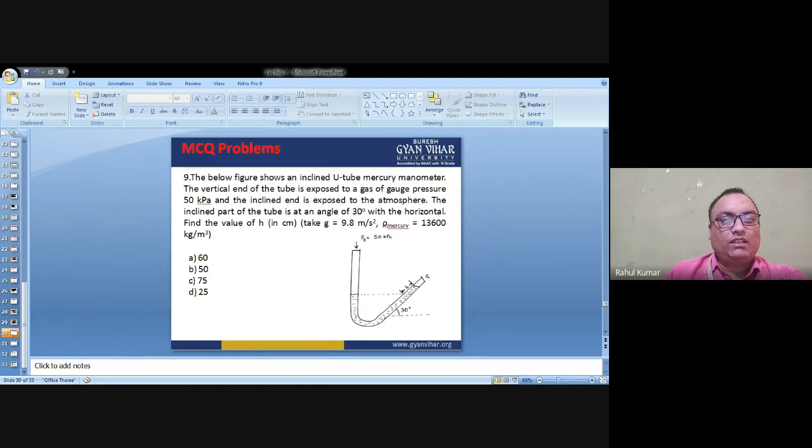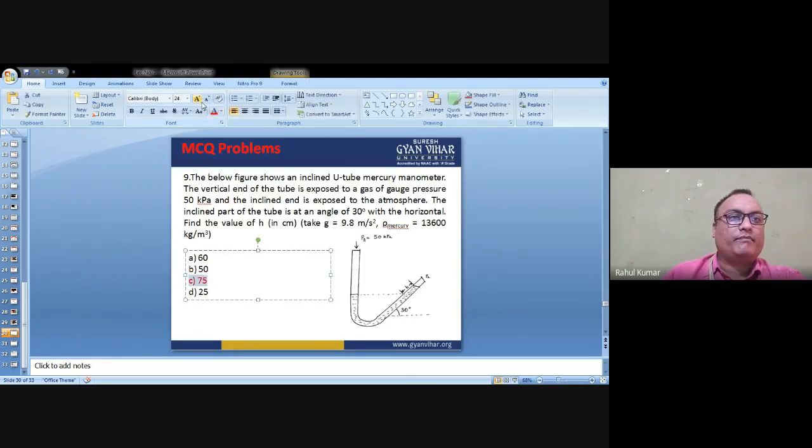You can find P equal to rho g H sin theta. Here theta equals 30 degree. So the H value is 0.75 meter, or 0.75 centimeter. This is the right value.